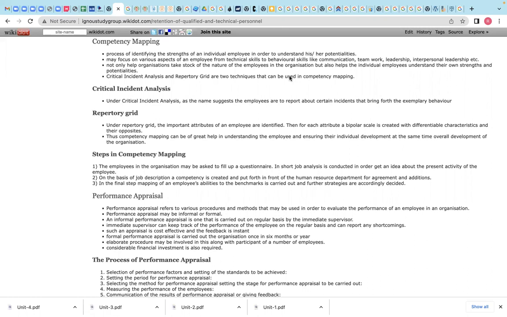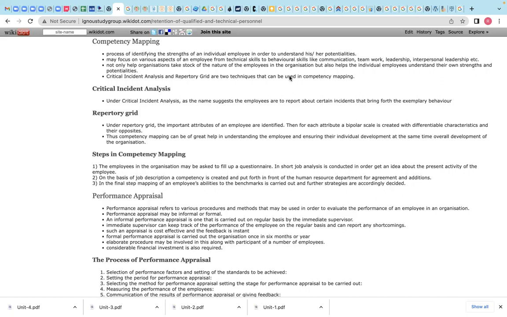The other way of doing it is the repertory grid, right? Every employee is going to list down the important attributes or characteristics that they have, and also the things that they don't have.